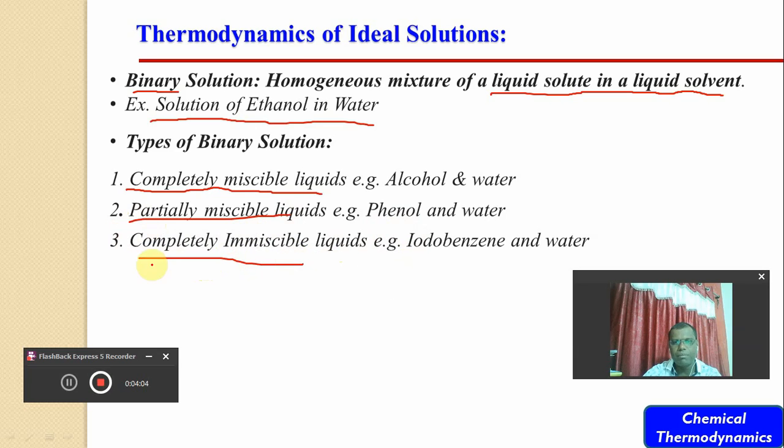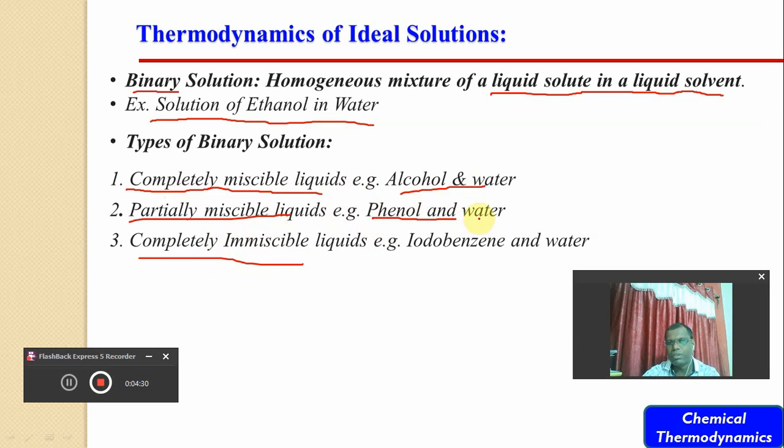In this type, we will definitely get two layers whenever we mix the two liquid components with one another, just like oil mixed in water. So one layer will be of oil and the other will be of water. Here the example of completely miscible liquids is alcohol in water, in which both are completely miscible.